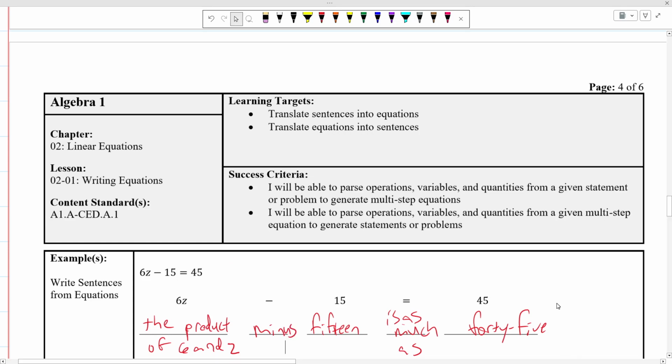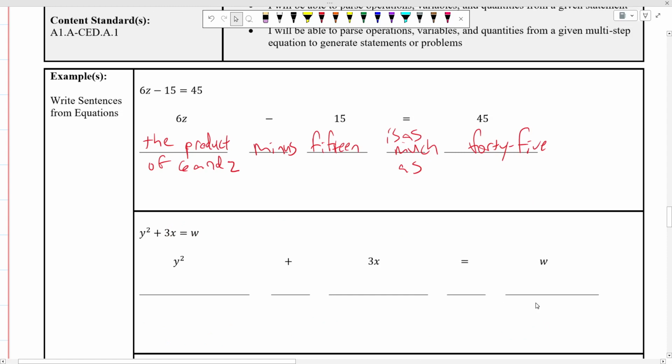Next one, let's try it out, guys. Okay, so we got a lot of variables going on here. But always, for me, I start with my equal sign, and I like the word "equivalent to". So I'll go "is equivalent to". There we go.